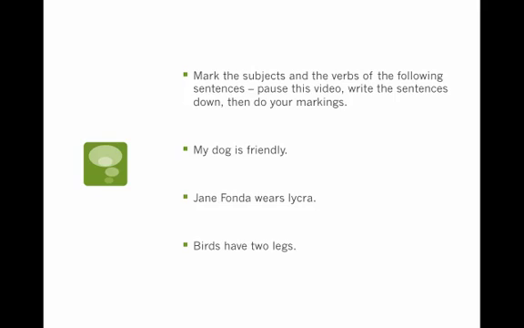So just a word of warning. More than one word is okay. That's why we're doing underlining. All right, so pause the video, do your markups, and when you're done, the next page will show you the answers.